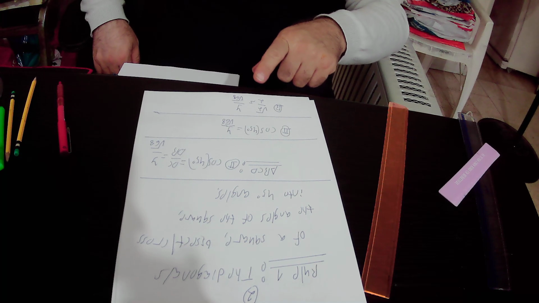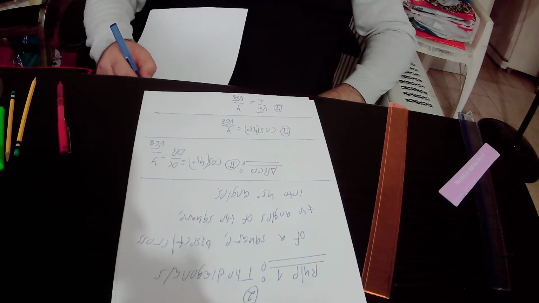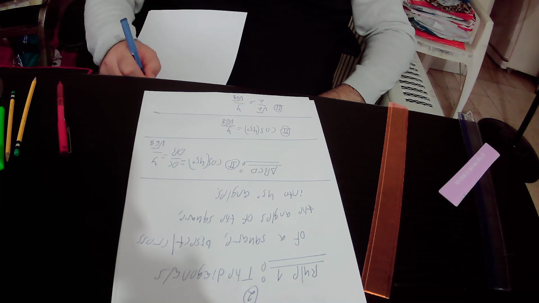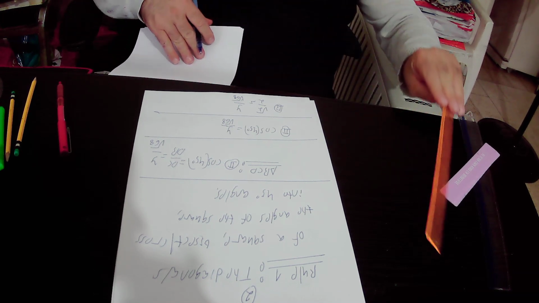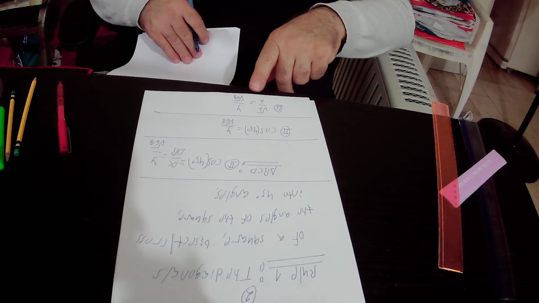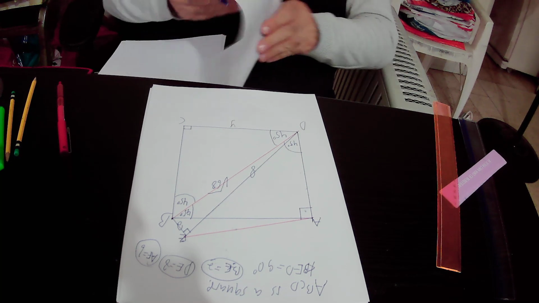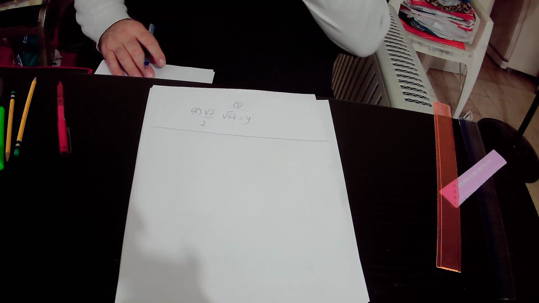Here we multiply equation number 2 by the square root of 68 and we get that y equals the square root of 2 over 2 times the square root of 68.